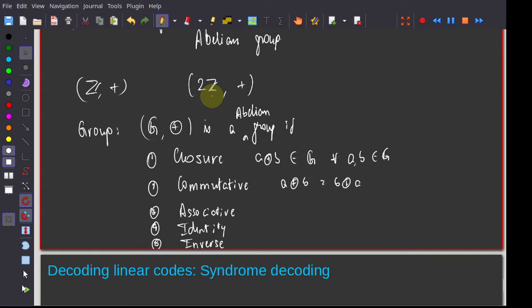Sum of even integers is again an even integer. Is it commutative? It is. Is it associative? Yes. Is there an identity element? 0. Is there an inverse? So it's a group. So the set of even integers is a subgroup of the set of all integers.